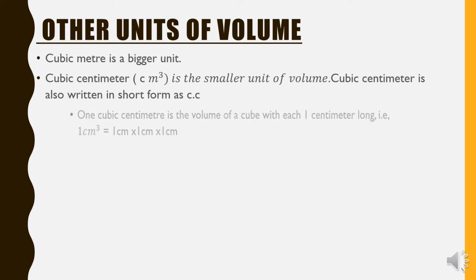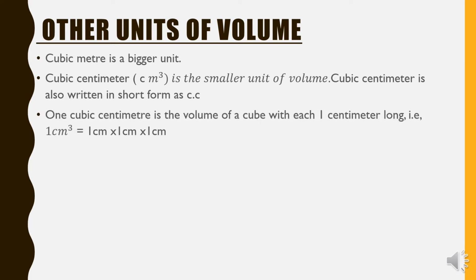Okay children? 1 cubic centimeter is the volume of the cube with each side 1 centimeter long. Yes children, same as 1 cubic meter. In case of centimeter, we are taking the value 1 centimeter; in case of cubic meter, we are taking the value of side 1 meter.